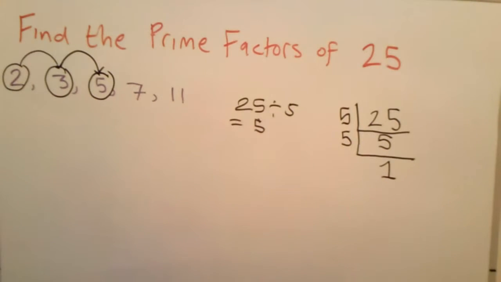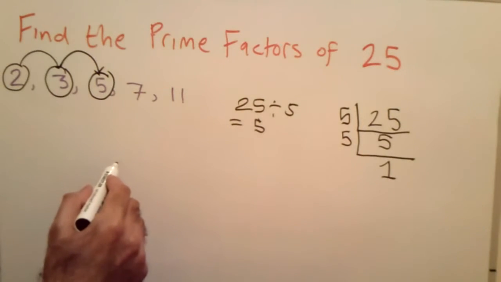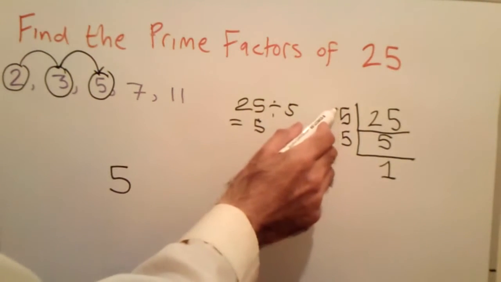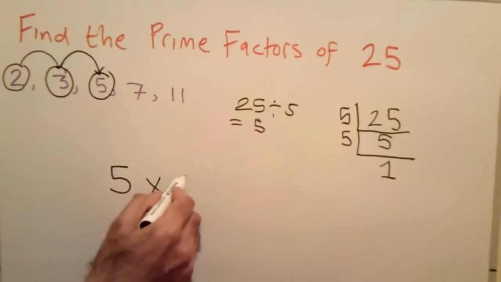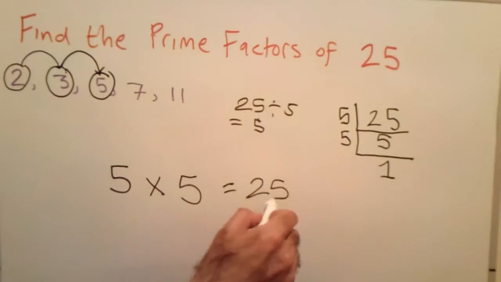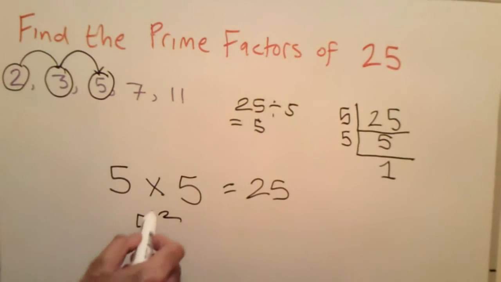So the prime factors of 25 are, just reading off the list here, 5 times 5. Again, we can write this down as 5 squared.